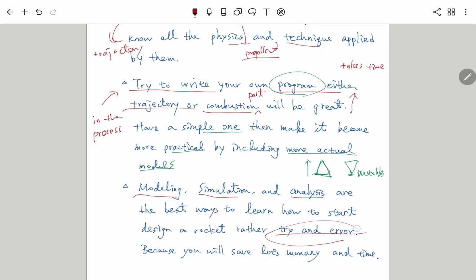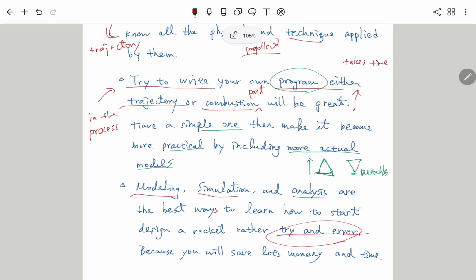Trial and error might be easy to start, but I guarantee you that you will spend more money and more time going back to find the problem, because you don't know where it went wrong.